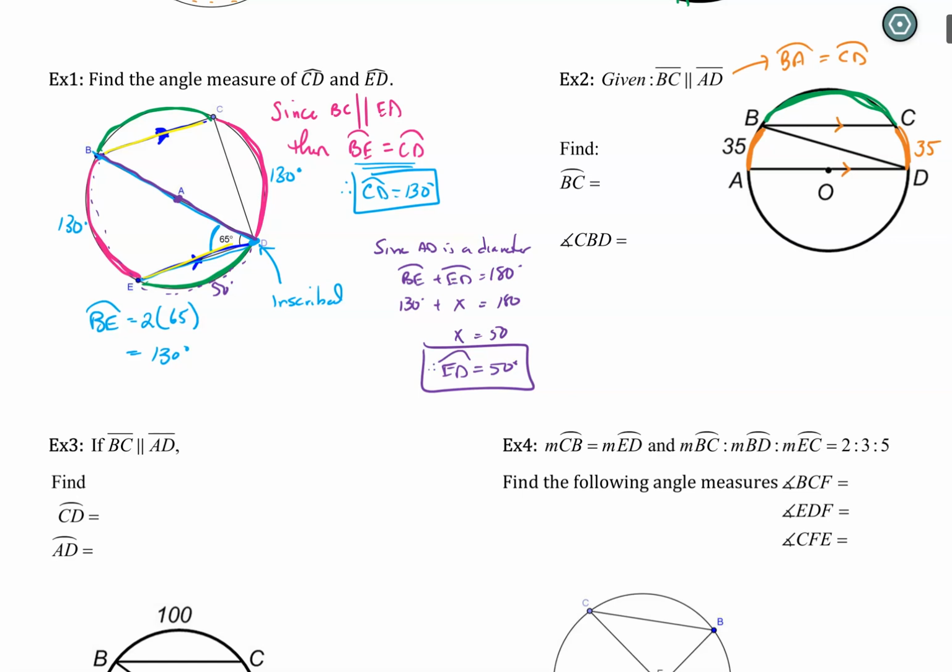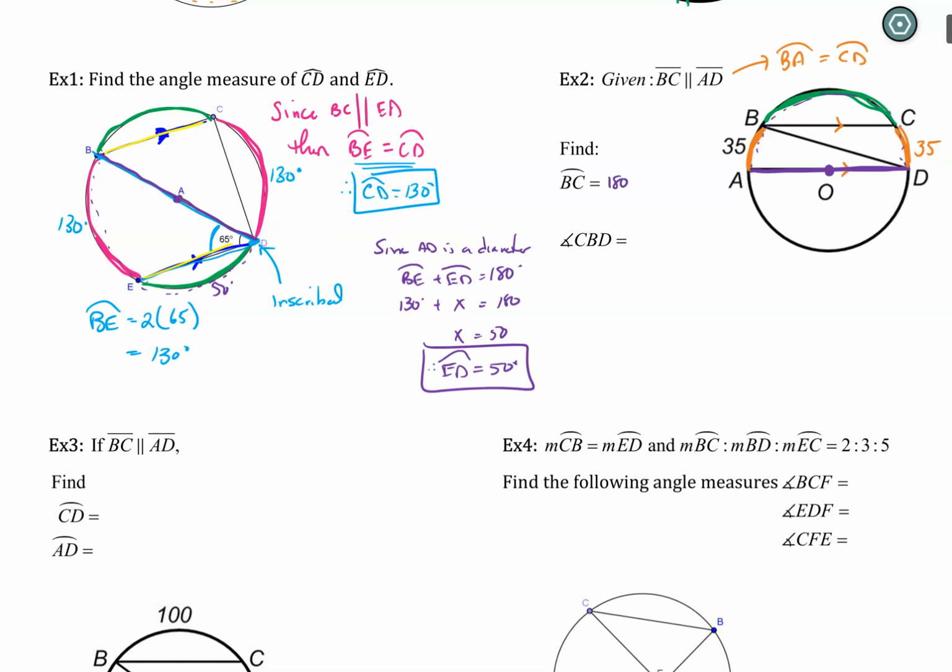BC was what we're looking for, and I don't have a direct statement at the moment, but if I take a step back and look for some important information, I see that AD is a diameter because it goes through O, making all of this halfway around the circle. So BC plus the other two arcs here, the two orange ones, will have to all equal 180.